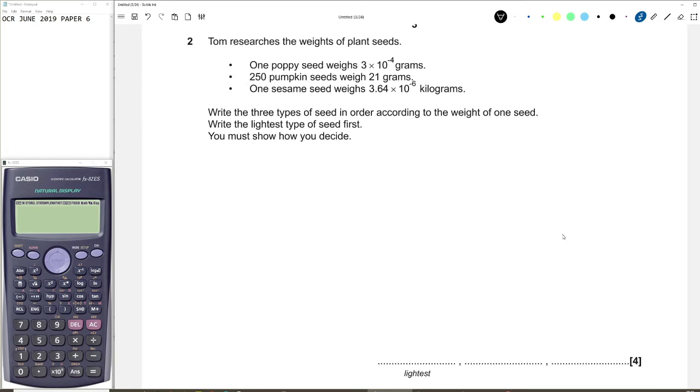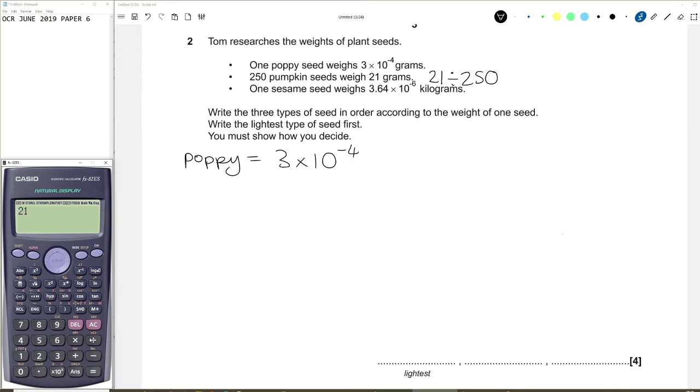So, one poppy seed we know is 3 times 10 to the power of minus 4 grams. Now it says 250 pumpkin seeds weigh 21 grams. Now I need to work out what one pumpkin seed weighs. So I need to do 21 divided by 250.